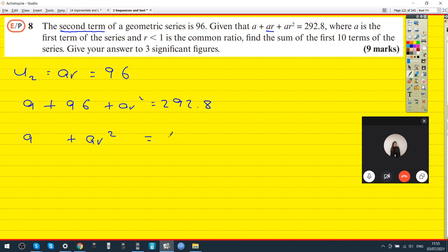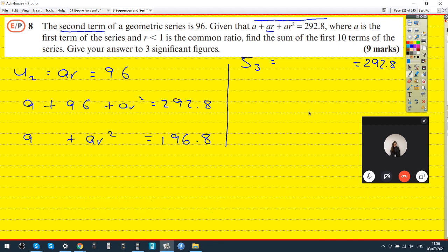Which gives you 196.8. So we've got two unknowns there, A and R. Let's see. So this is the sum to three terms, which is 292.8. What else can we do? The sum to two terms.